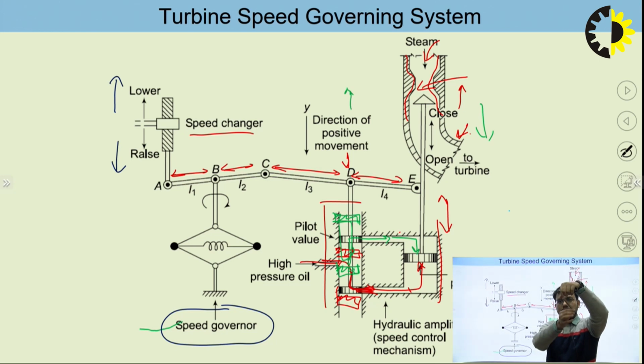Now if you start rotating it with the help of a little force, when the rotational motion is lesser, you can see that the position of the pendulum is quite lower.